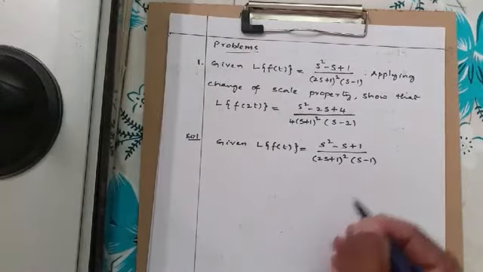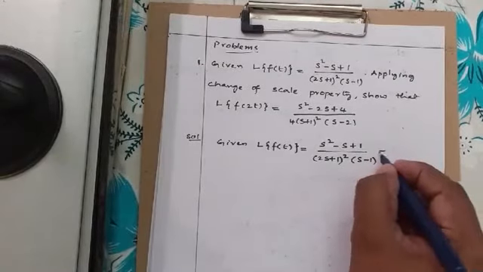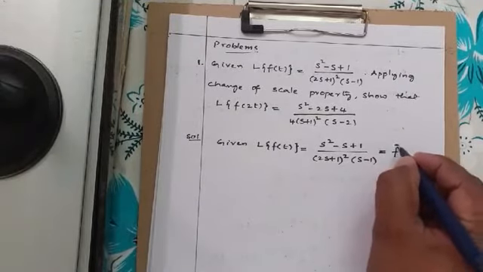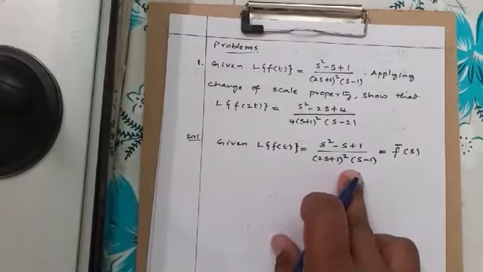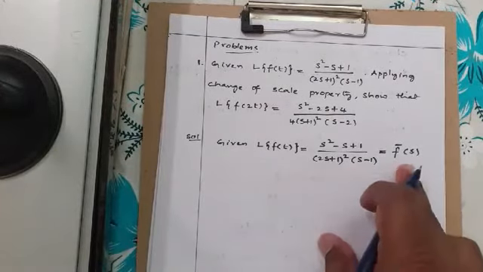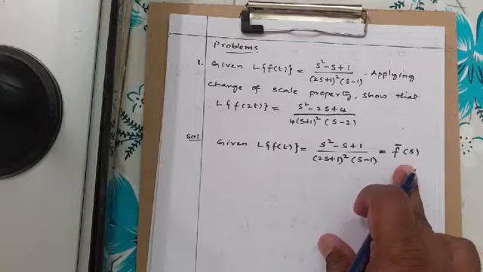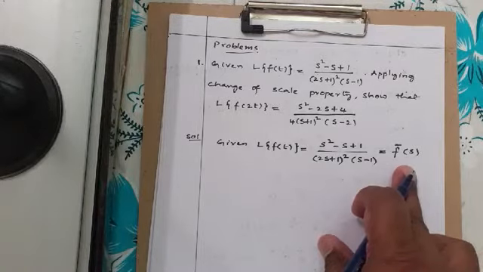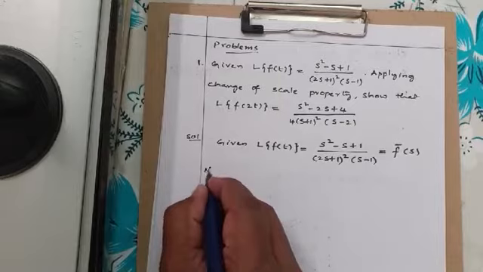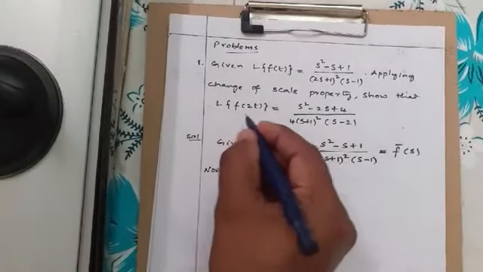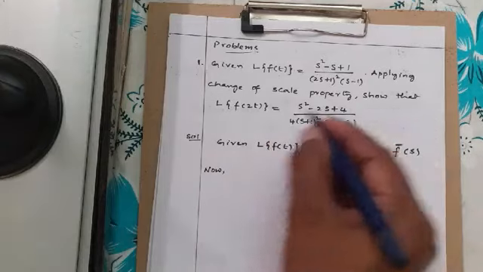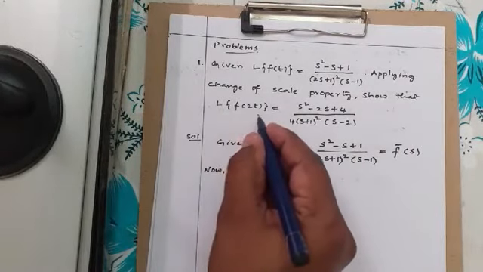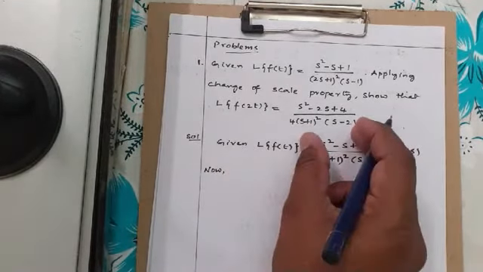This is given. Now this can be considered, as I have told you, L of f of t is equal to whatever function we have in terms of s, so we write f bar s. After writing that, we have to apply the change of scale property to show that Laplace of f of 2t is equal to the given expression.